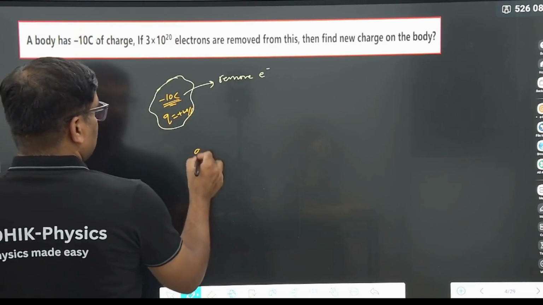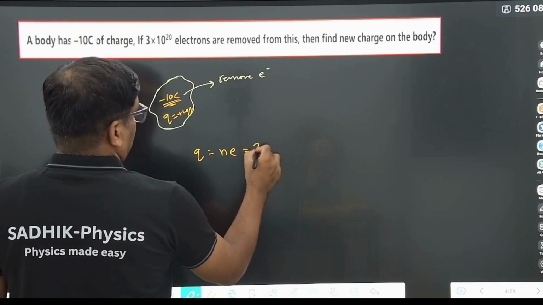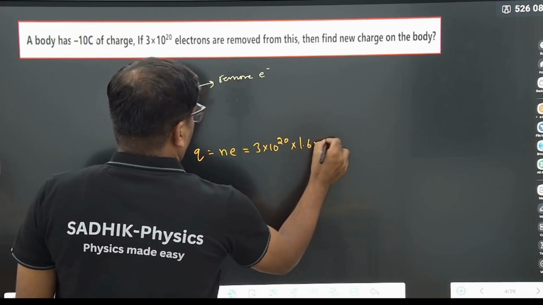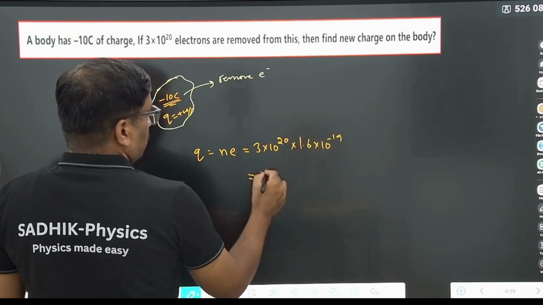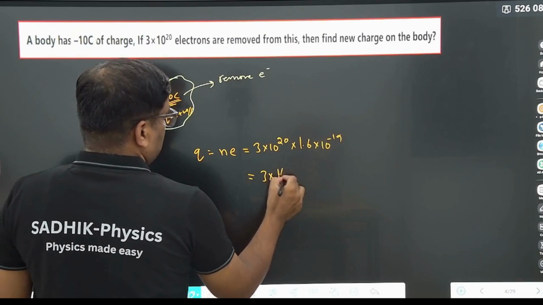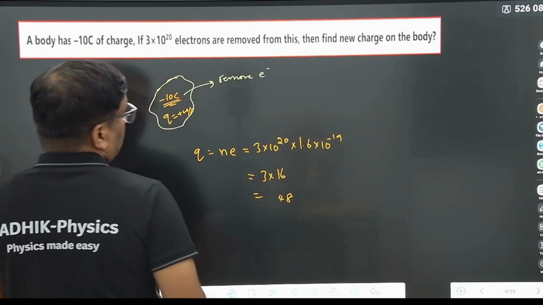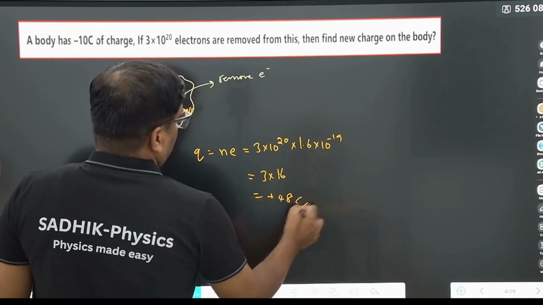Now let us see what the charge is here: n into e. Therefore n is 3 into 10 to the power of 20, into 1.6 into 10 to the power of minus 19. So 20 minus 19 means 1. So 3 into 16 is 48. So 48 coulomb, right? So plus 48 coulomb takes place onto this.